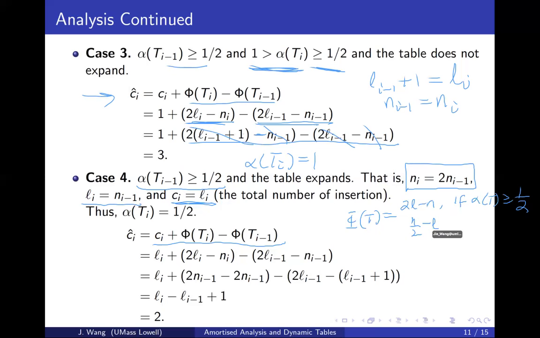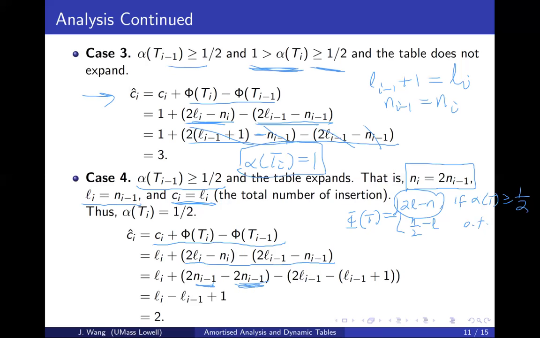Otherwise, it's this, but in our case this does not happen. So for both of these, we're going to use this part of the formula. Then L sub i is equal to n sub i minus 1, which is the size of the table before expanding. Because it is full, that is equal to n sub i minus 1, and n sub i has been expanded, so it is equal to 2 times n sub i minus 1. That's what we have here.